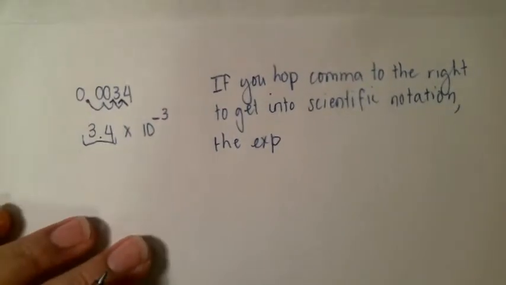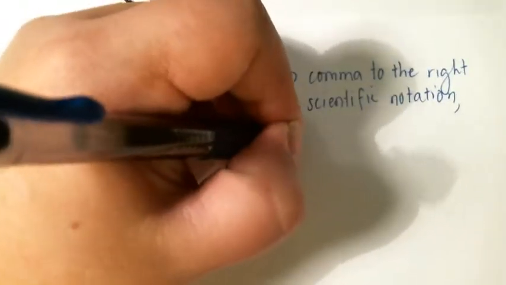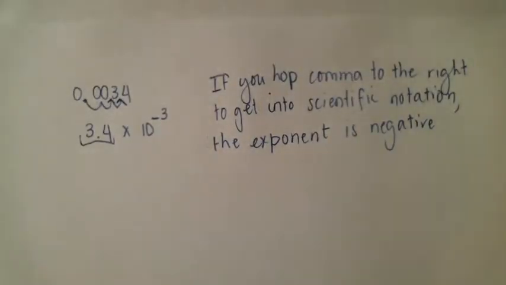So if you hop the comma to the right to get into scientific notation, the exponent, sorry, it got really blurry. The exponent is negative. Okay, go ahead and copy that down.